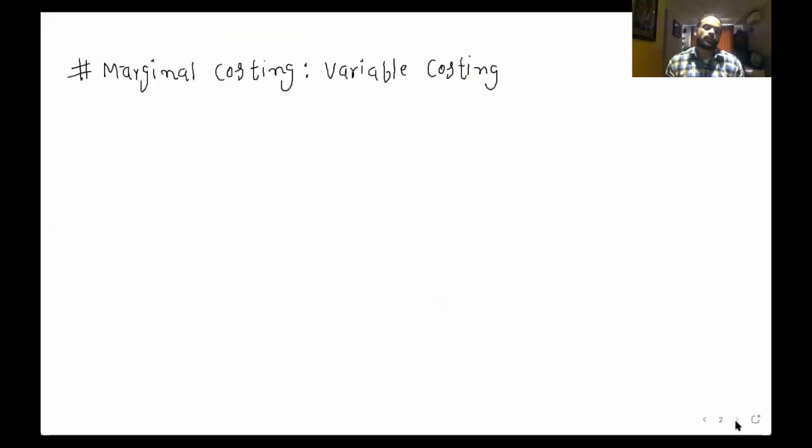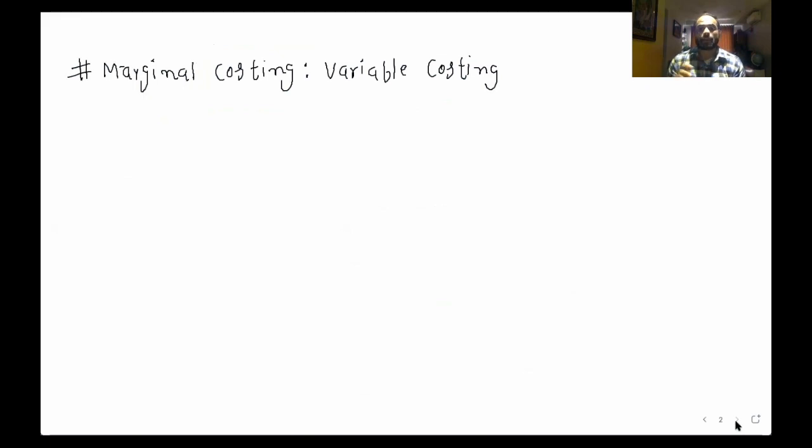Marginal costing method is called variable costing method. Why we call it variable costing method? Because under marginal costing, when we calculate manufacturing cost, we only use variable manufacturing. So we do not use fixed manufacturing with variable manufacturing.